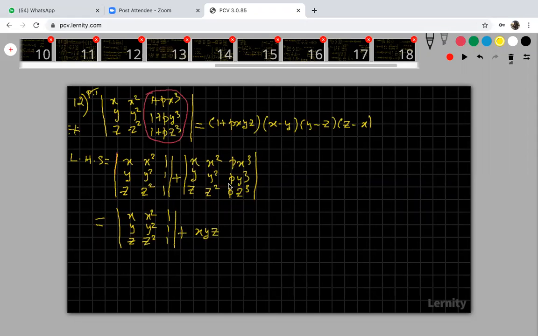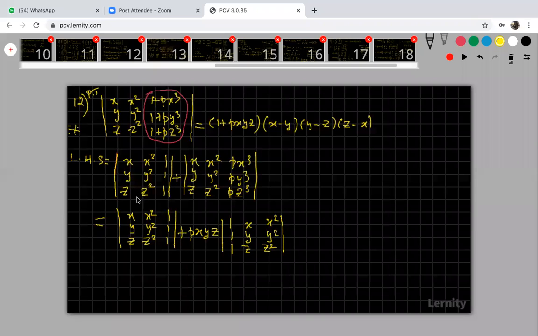And in this column, p is also common, so take it outside as well. What are the remaining? I have taken x outside, therefore 1, x, x square. p already taken outside. Here 1, y, y square. So here 1, z, z square.